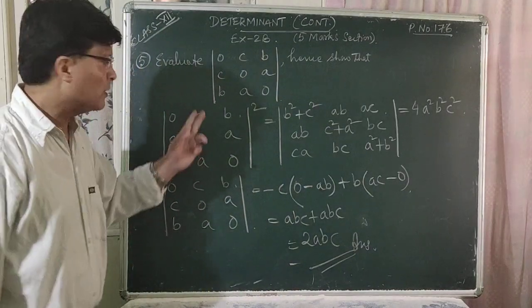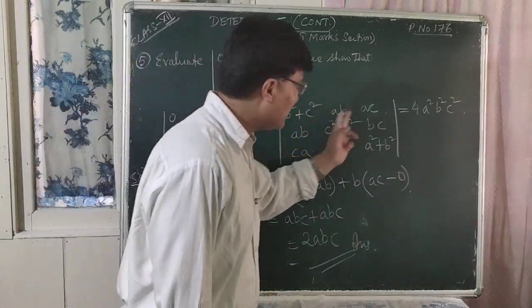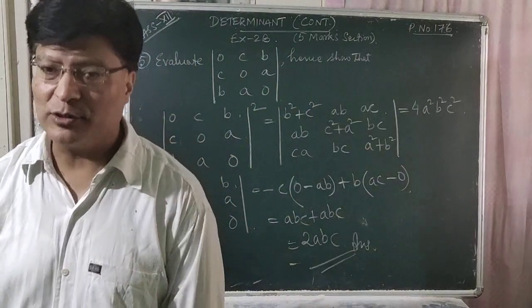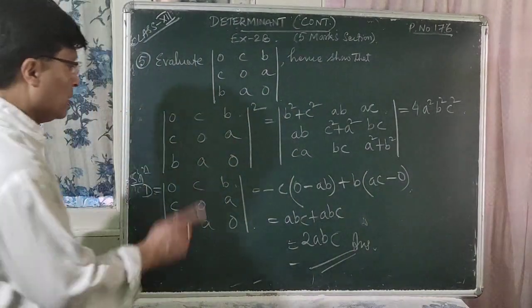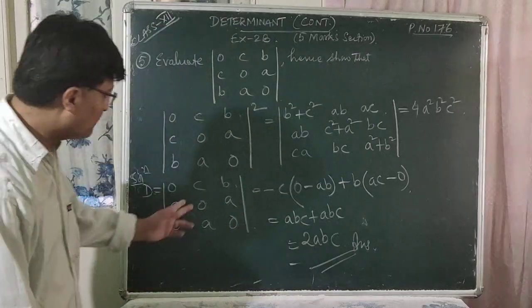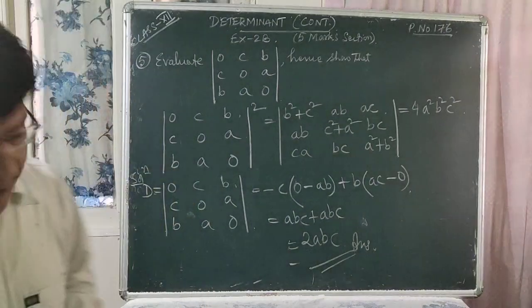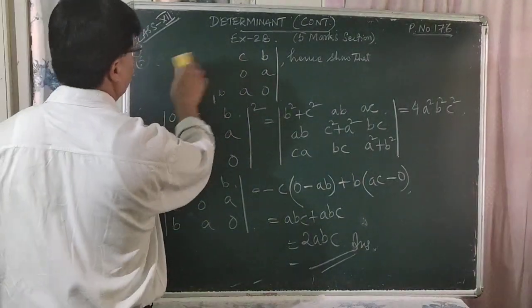Now we have to prove this first is equal to second, and this second is equal to 4a square b square c square. So just now we have proved this determinant is equal to twice abc. From here we can prove it.